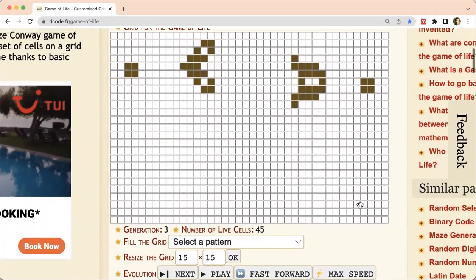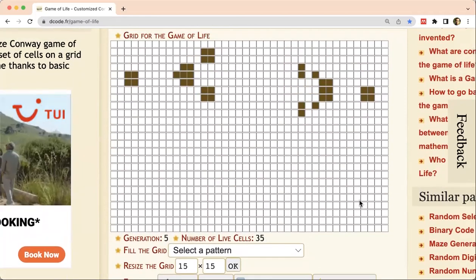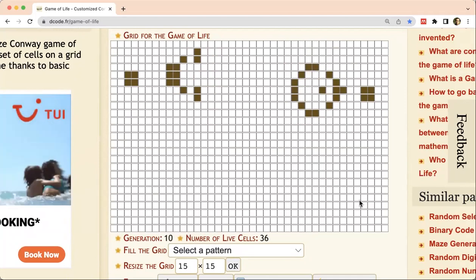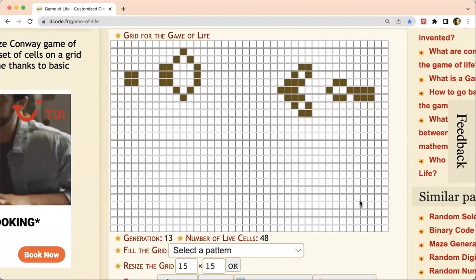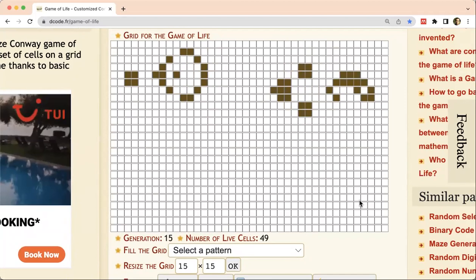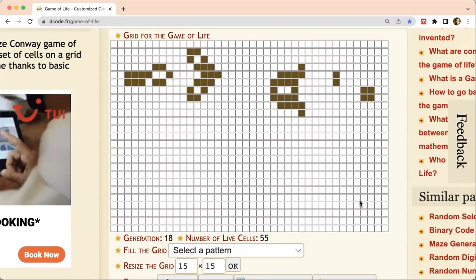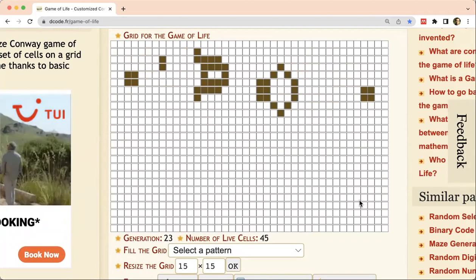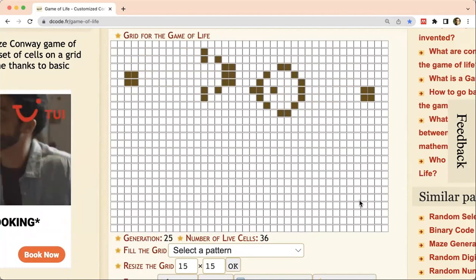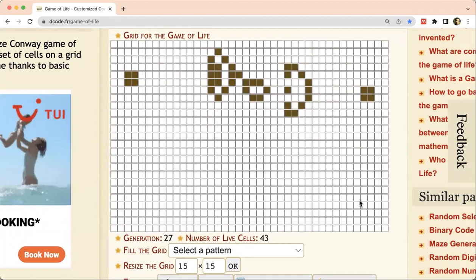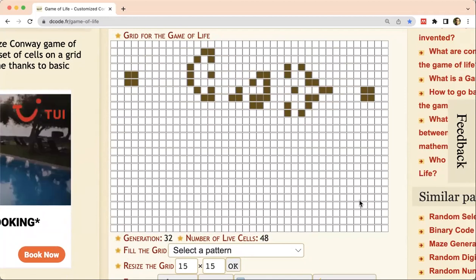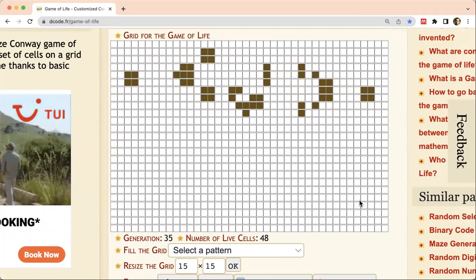So what's going to happen is that these are similar to spaceships, and they're going to move naturally apart from each other, or towards each other in this case. And something interesting is going to happen when they collide. So they're going to collide in a few steps. Right. So they just collided, and they're going to have something coming out of that.